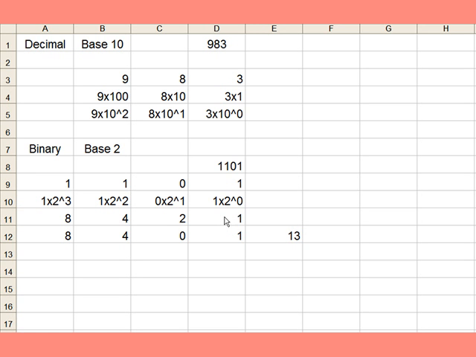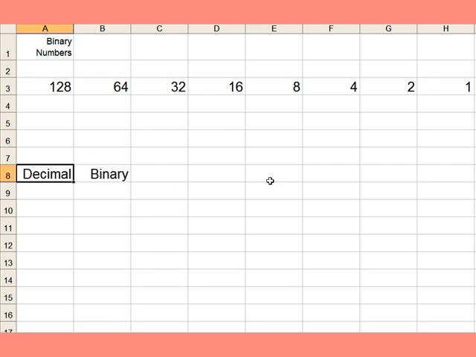So the places in the binary system start by writing a 1 and then double it for each place moving towards the left. So here are some of the binary places: the 1's place, the 2's, the 4's, up until 128.